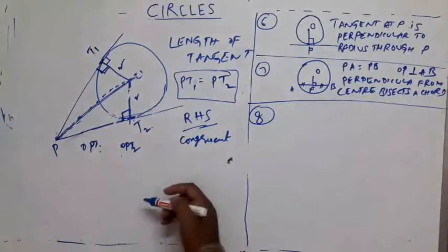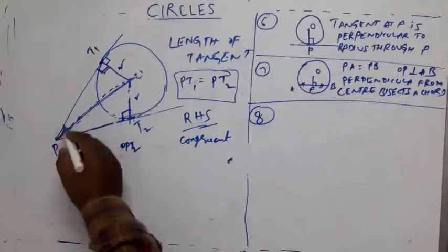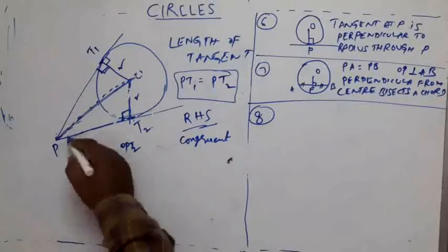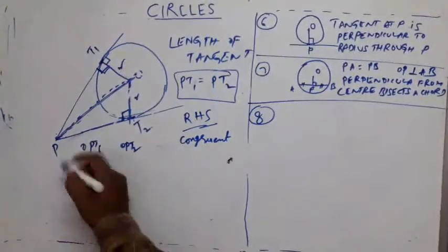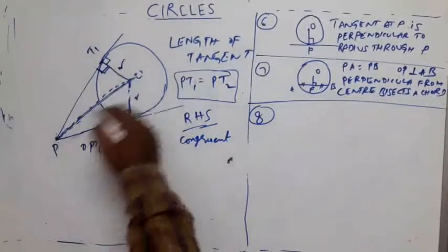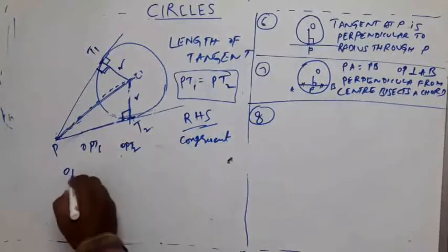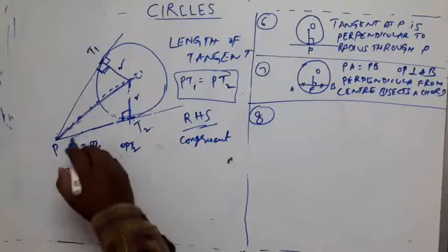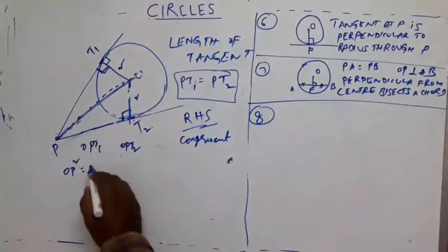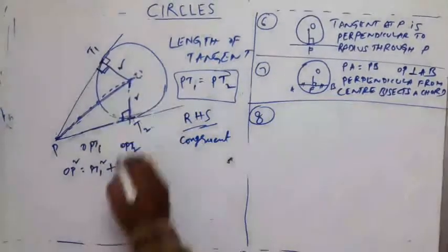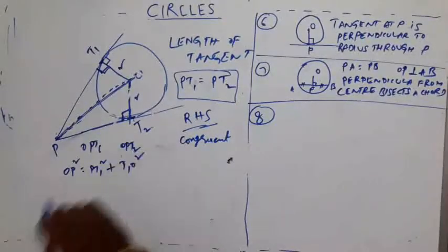In another way also we can prove. Earlier we have used right angle Pythagoras theorem, right? In this triangle OPT1, if I use Pythagoras theorem, this is hypotenuse, right? So OP square, hypotenuse square is side square plus side square. That is PT1 square plus T1O square.